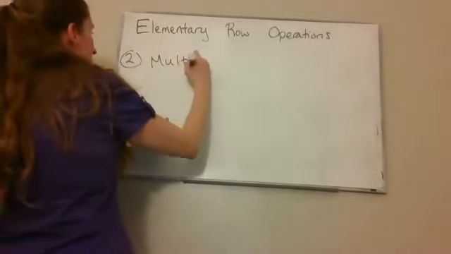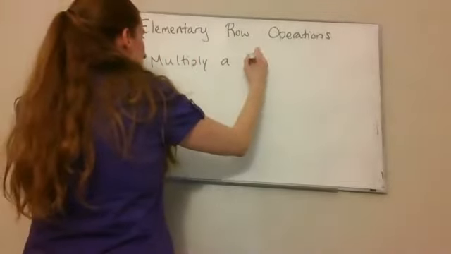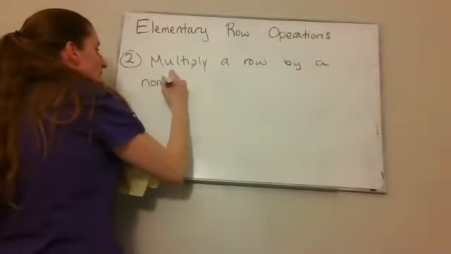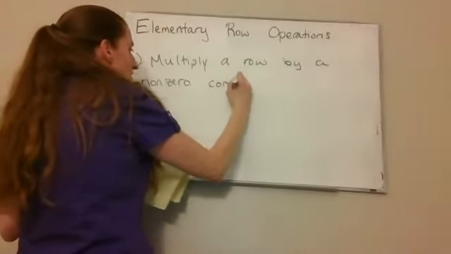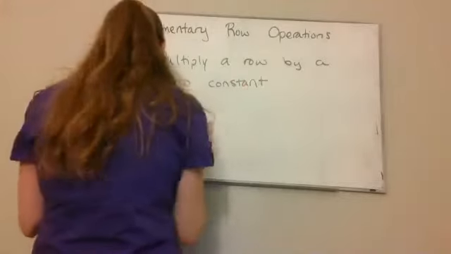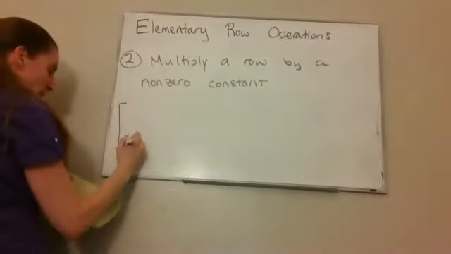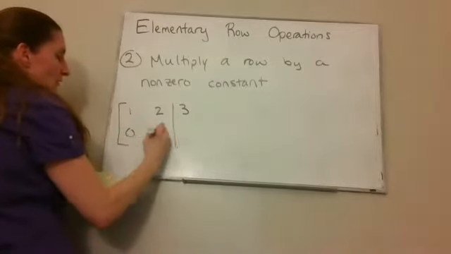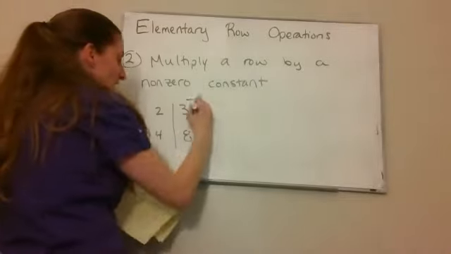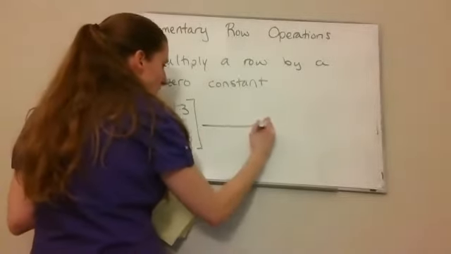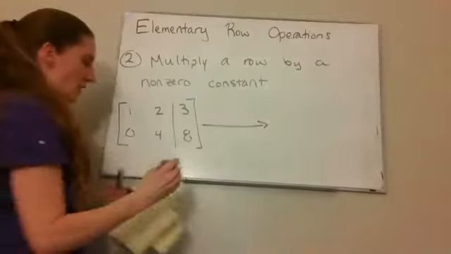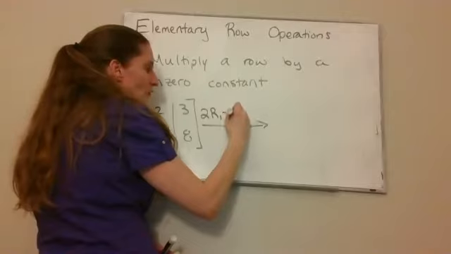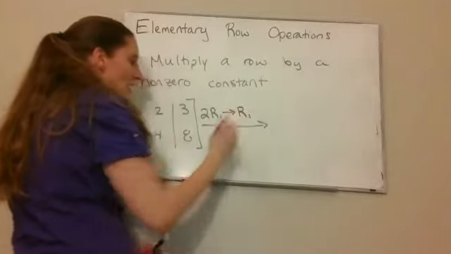You can multiply a row by a non-zero constant. So if I take my same matrix from before, 1, 2, 3, 0, 4, 8, and let's say I'm going to do this row operation to it: 2 times row 1, and store that information in row 1.